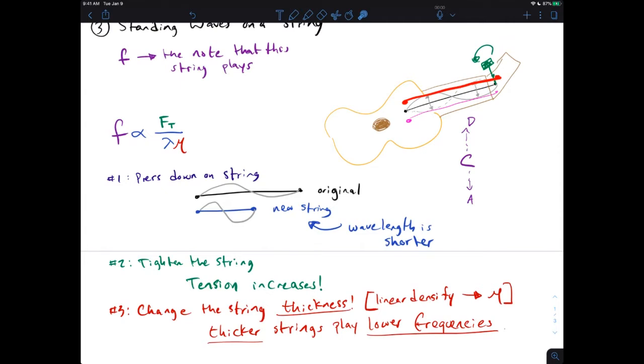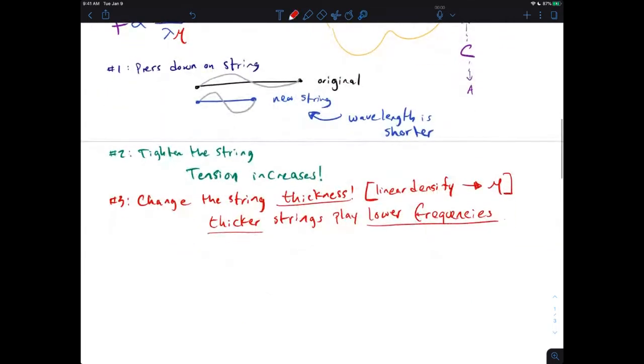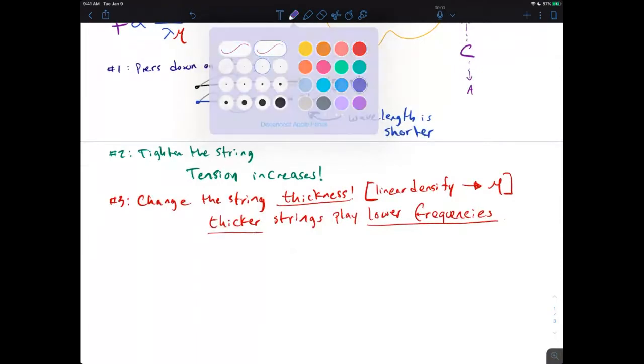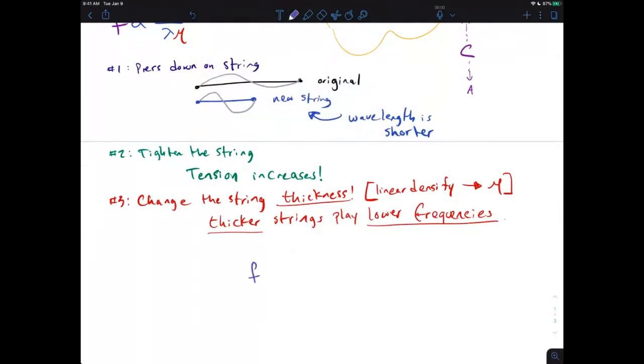So if we put all of these together, the formula that I come up with here is going to be frequency is equal to, I want to pull up my formulas to make sure we have this right. Okay, it is the square root of my force of tension over mu lambda squared.